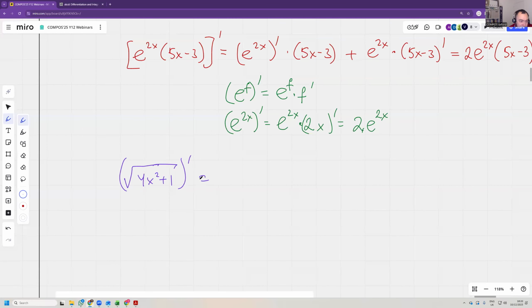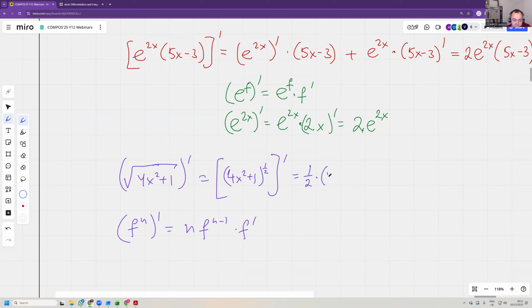First of all, I treat it as 4x squared plus 1 to the power 1/2, and then I use the rule that f to the power n, dash, is n f to the power n minus 1 times f dash. So that's going to be 1/2 multiplied by 4x squared plus 1 to the power minus 1/2 multiplied by 4x squared plus 1 dash.